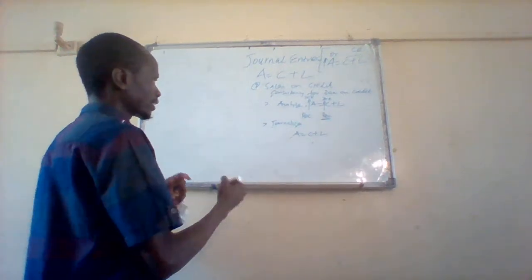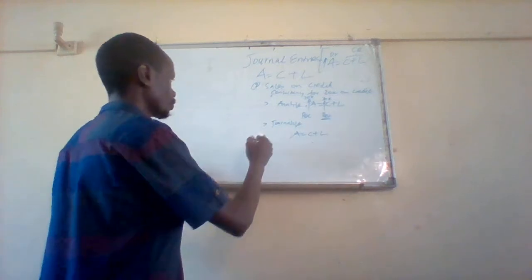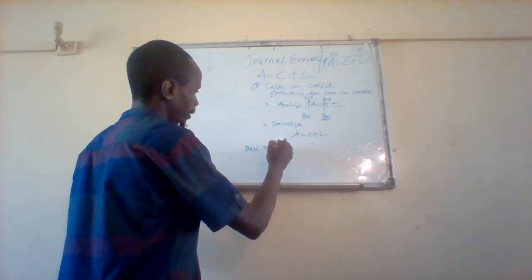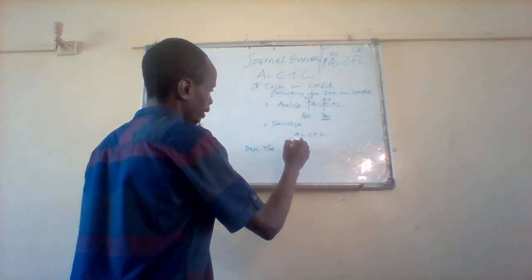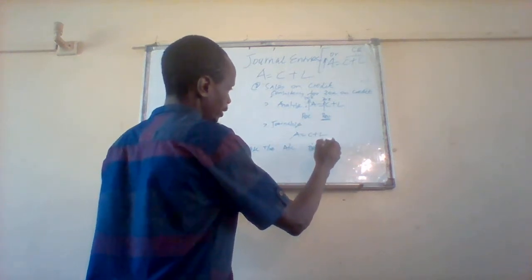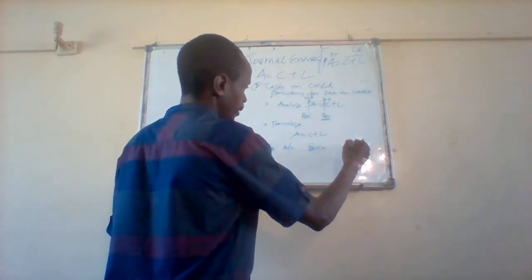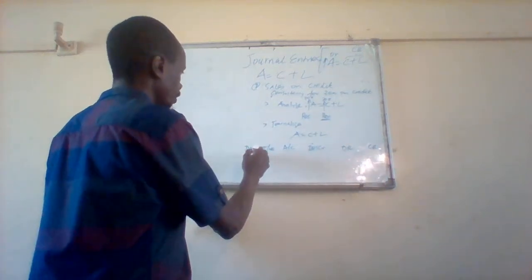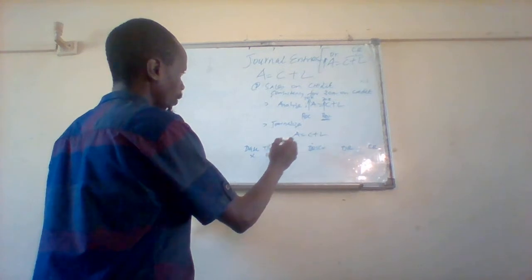So let us come to translating this into writing. So we will have date here, transaction number here, account here, description here. Then we will have debit and we will have credit. So date I've not given, transaction number, let me say 02, account.